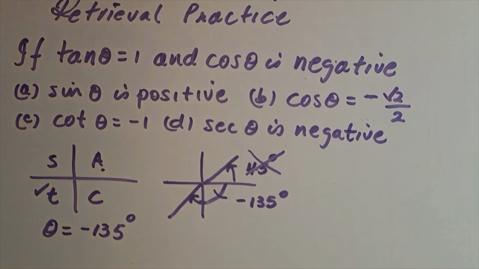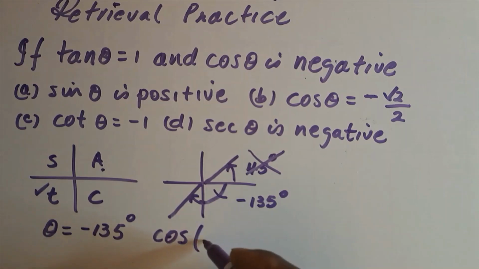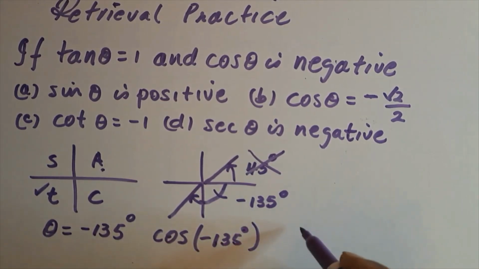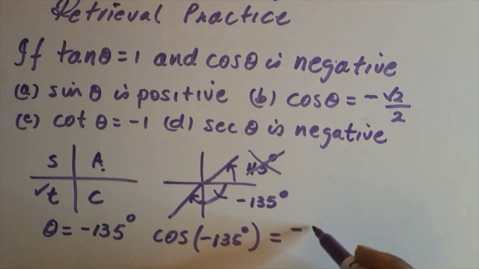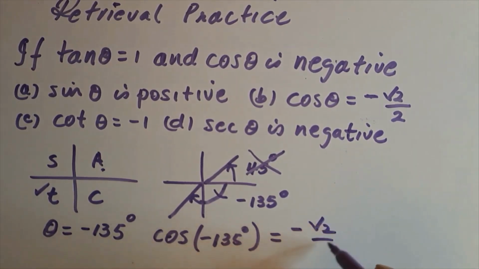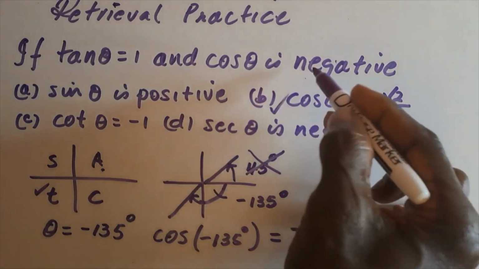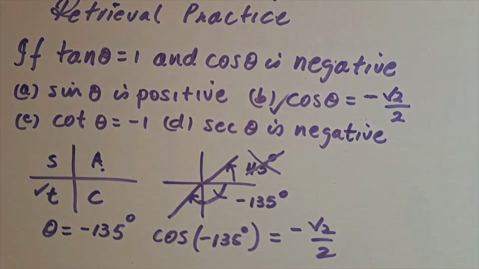Well, we know theta is minus 135, and if you do cosine of minus 135 degrees, you can use your calculator for this, this gives you minus root 2 over 2. So this is the correct option.